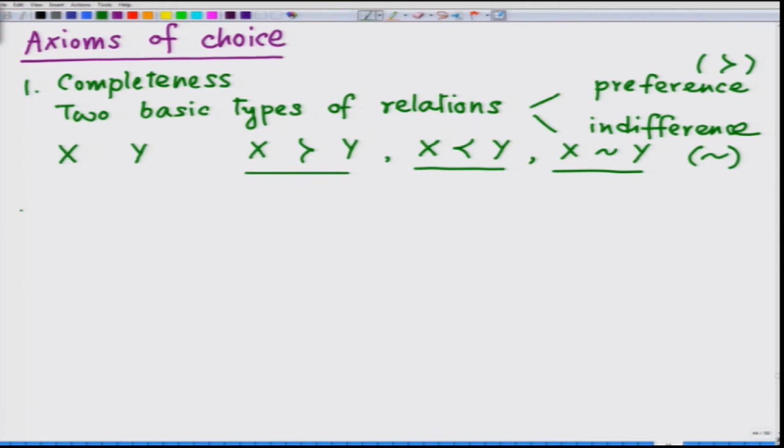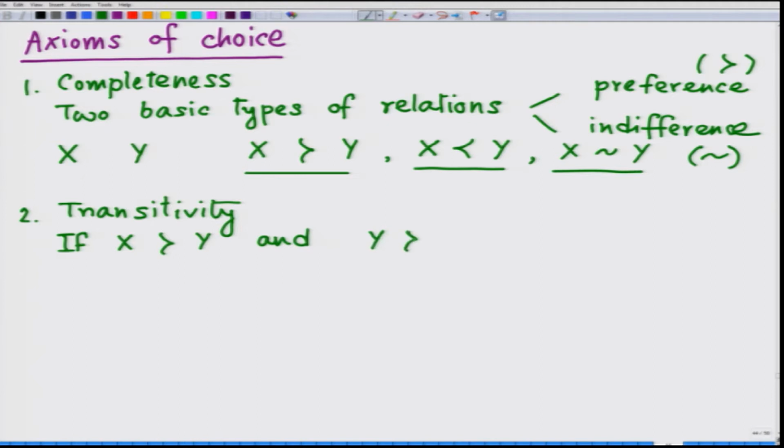The axiom of completeness says that any two bundles in the commodity space can be compared using either of these relations. Now, let us look at the second axiom, which is the axiom of transitivity. The axiom of transitivity says that if X is preferred over Y and Y is preferred over Z, then X is definitely preferred over Z. Now, we can very easily replace this symbol with this indifference symbol also.